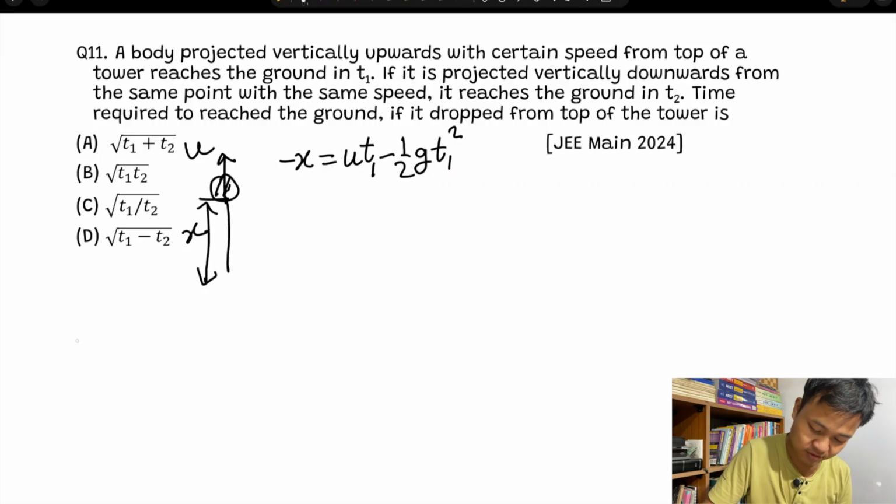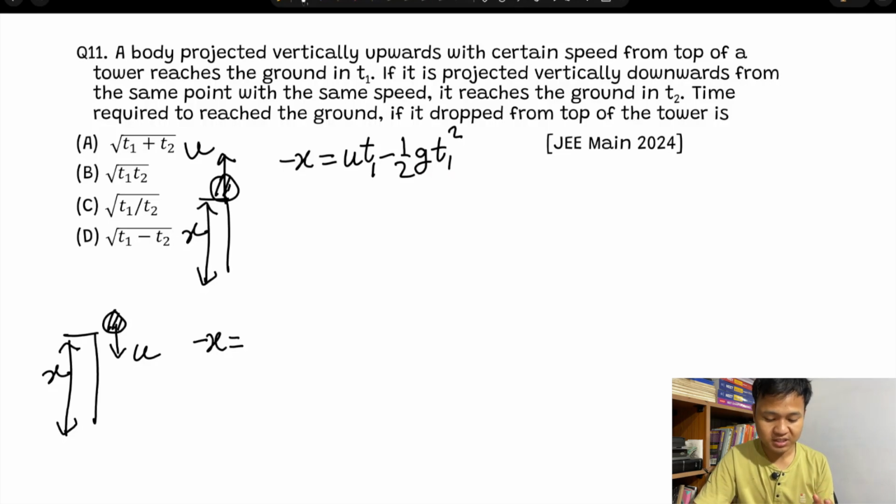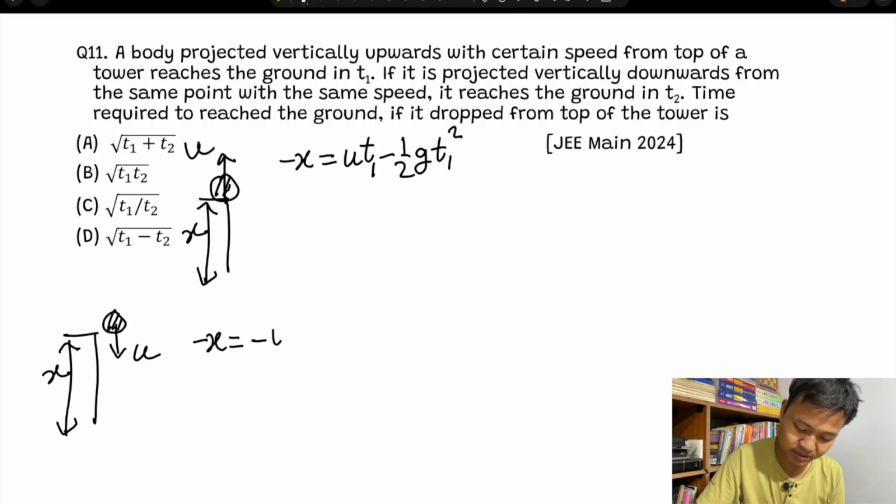In the second condition it is projected downwards, from the same height x. Now the equation is minus x equals, you see u is downward here, so you have to put minus u into t2, minus half g t2 square.